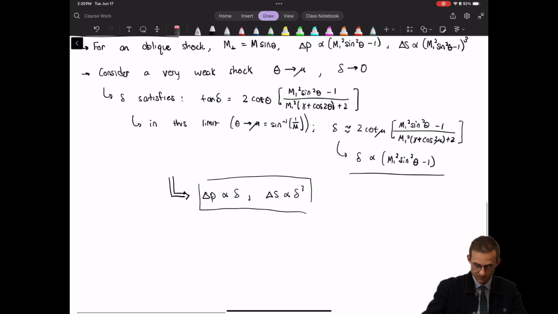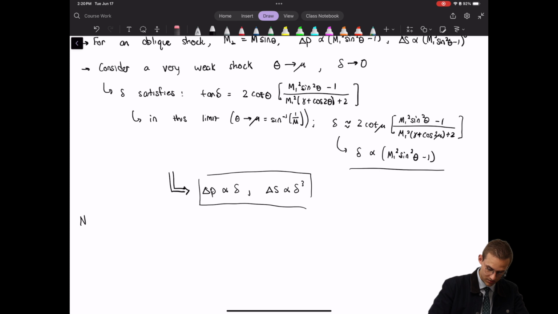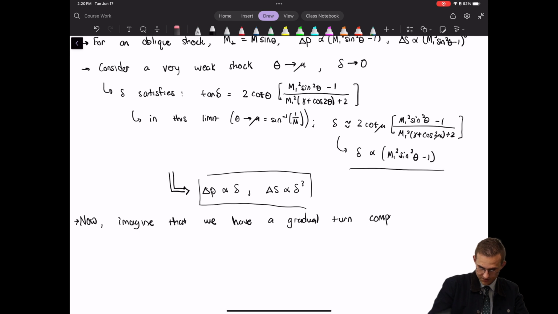So now imagine that we have a gradual turn composed of n small delta deflections.